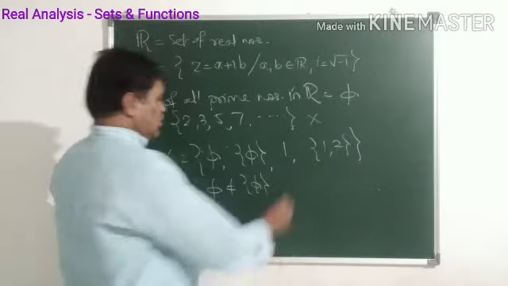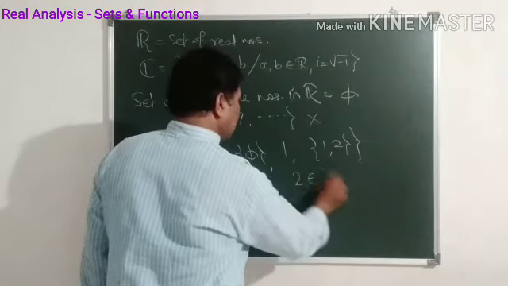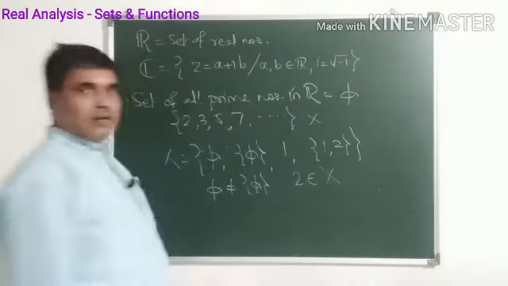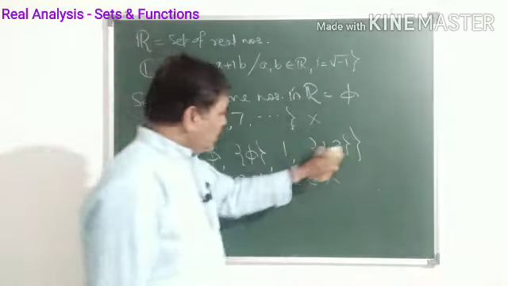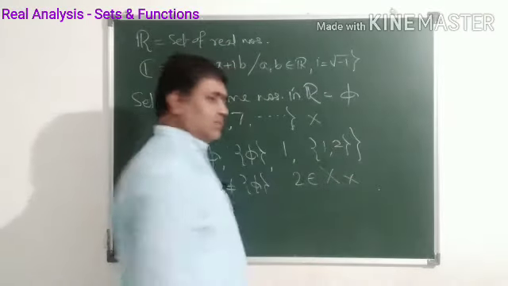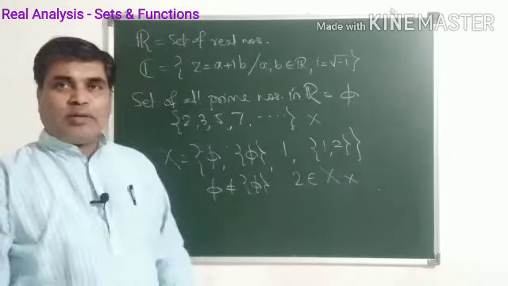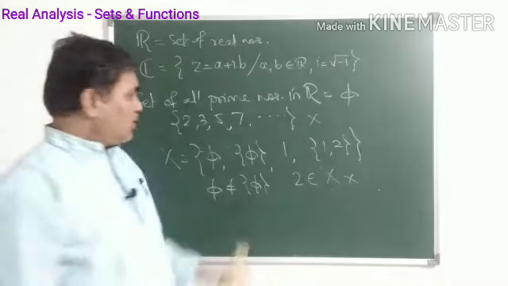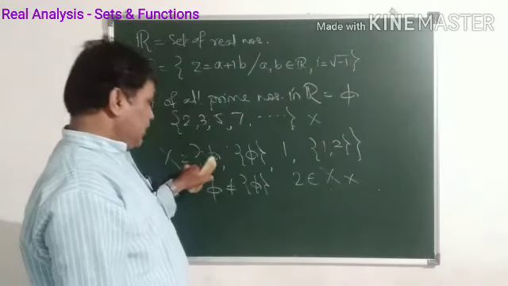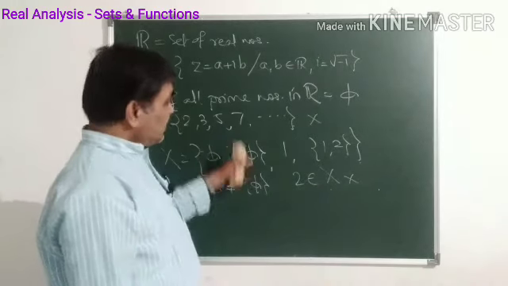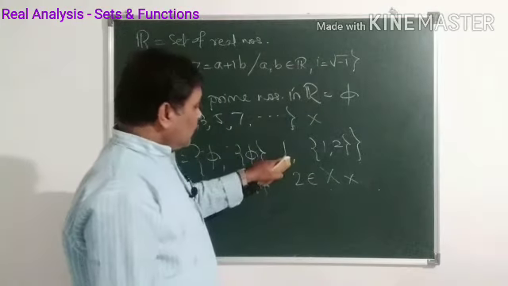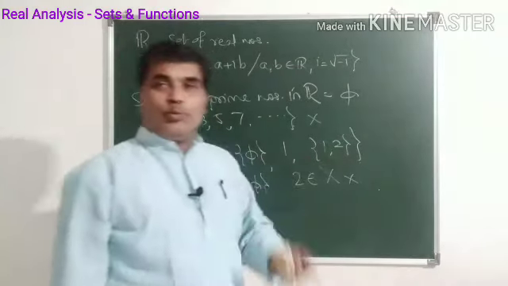Okay. So if I ask whether 2 belongs to X, 2 lies here, but 2 is not a member of X, because X contains the empty set, the set containing phi, the number 1, and the set containing 1, 2.